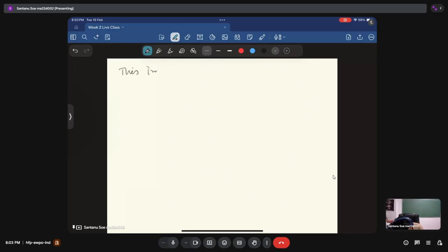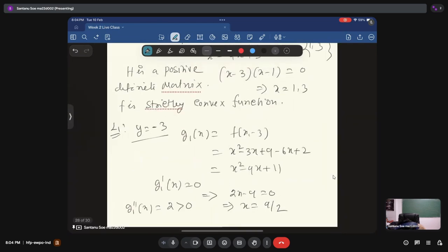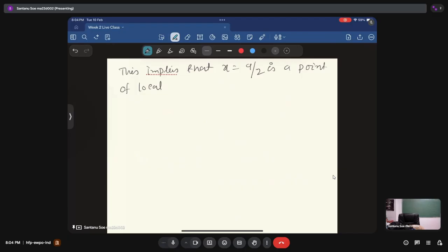So this implies that x equals 9 by 2 is a point of local minima for g1, since the second derivative is greater than 0.